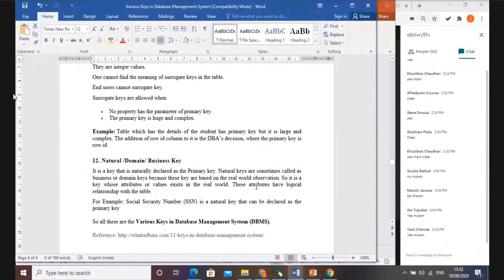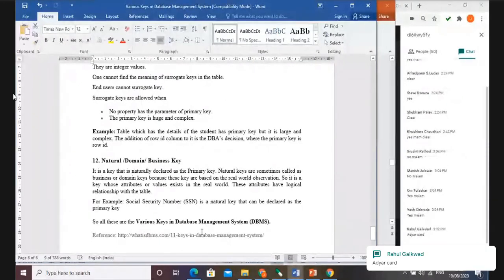Those are the primary keys, right? So in our India, what can be a natural primary key? As I gave you the example of the social security number for the US, what about India? Is there any natural key? Yes. The Aadhaar card number is unique for us right now, which we are getting. So that is a natural primary key.